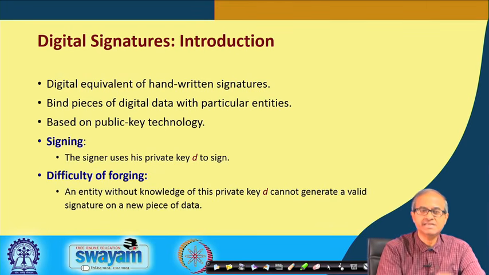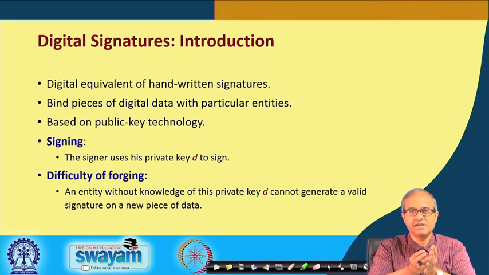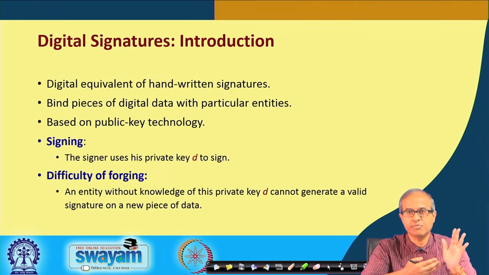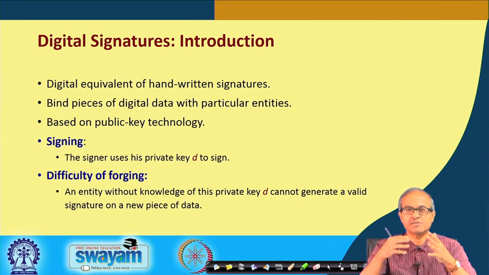Now, digital signature is the digital equivalent of handwritten signature. I have a message, now it is not in the form of a hard copy or printed thing, it is in the form of a file. There should be an equivalent digital process where some individual can put a digital signature.